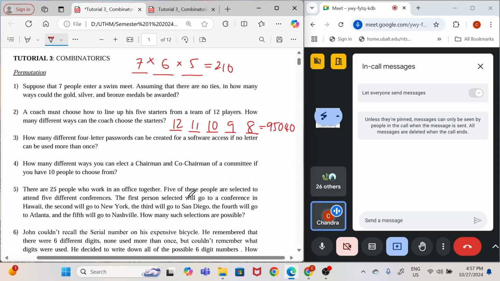How many 4-letter passwords can be created for a software access if no letter can be used more than once? So altogether, how many letters are there? Altogether 26 letters.